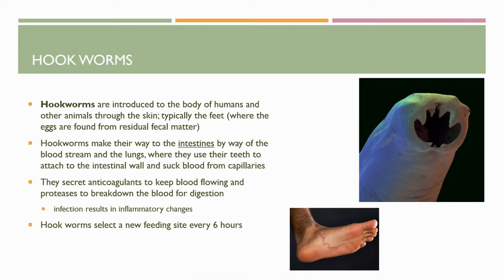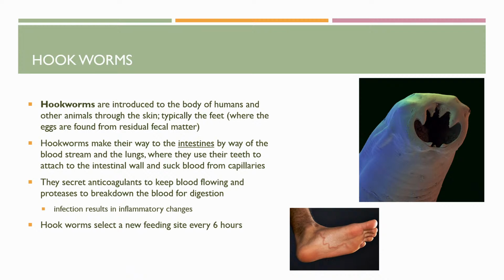Now switching gears a little bit, hookworms are another type of infection, and they are helminths or parasites. They usually are introduced into the body through the skin, typically the feet. If there is some sort of fecal matter that has the hookworms, then that's how you can get it into your body, and you actually can see the worm in the foot.